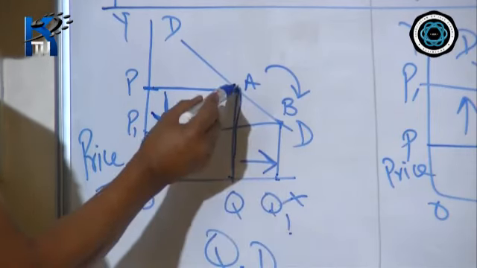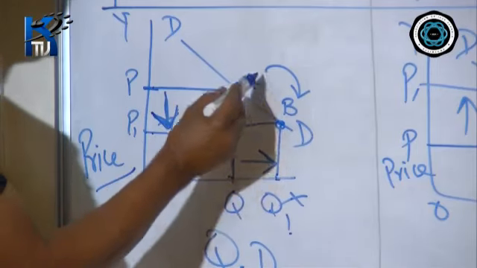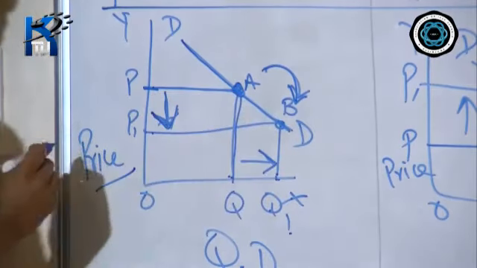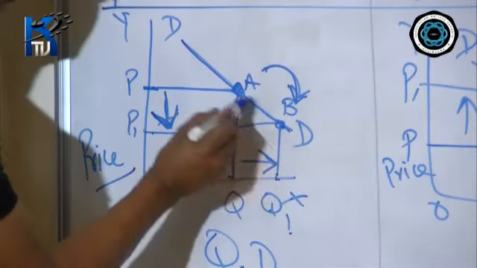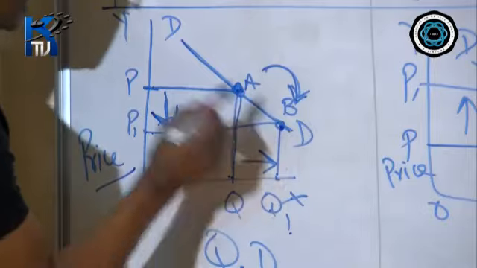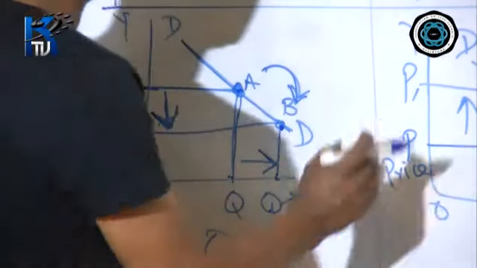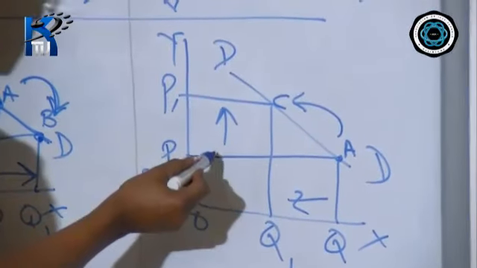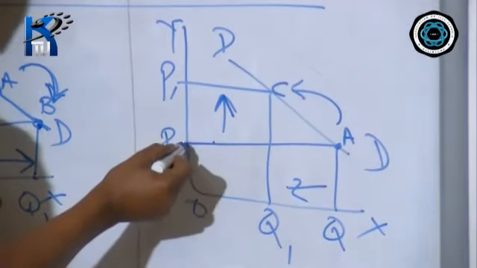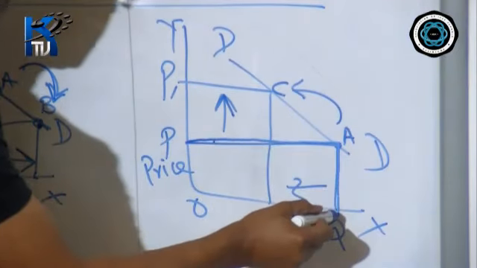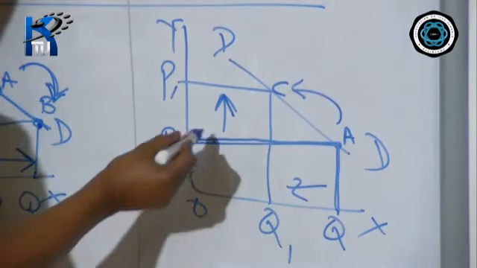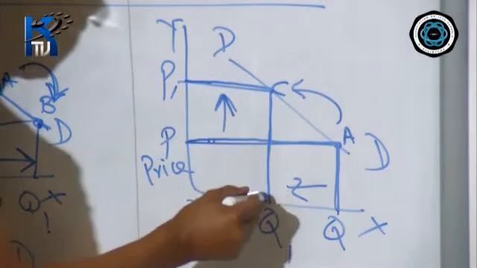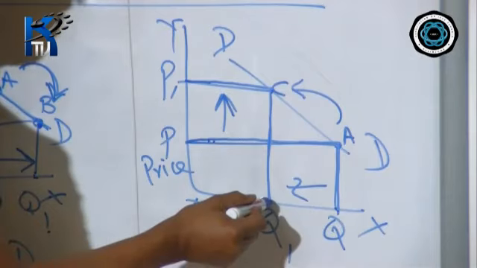We are shifting from point A to point B. Remember, the demand curve has not shifted. It is movement along the same demand curve. Whereas in this graph, price increases. We were here at A and Q is the quantity demanded. At this point, you have quantity demanded decreasing.